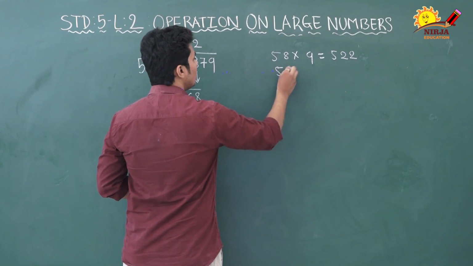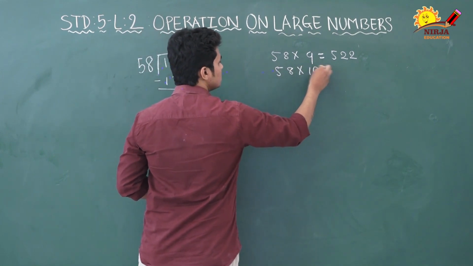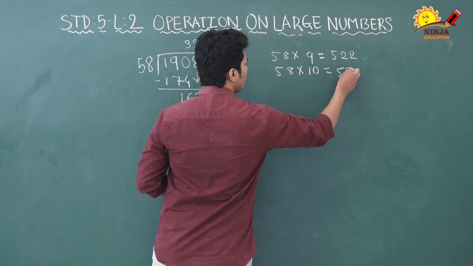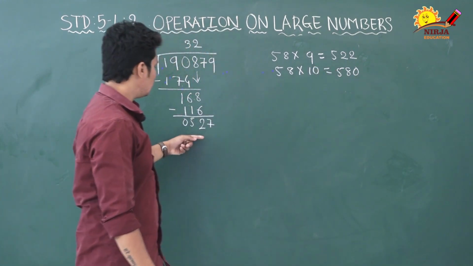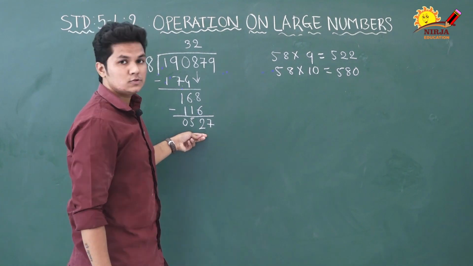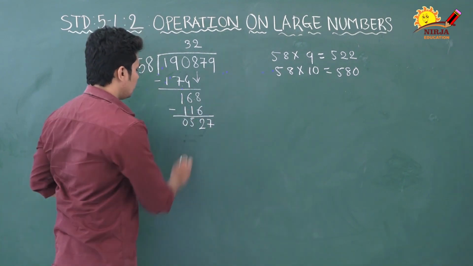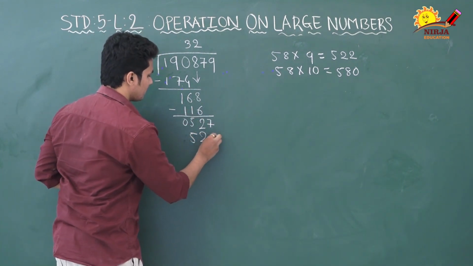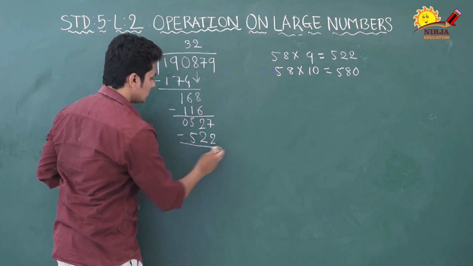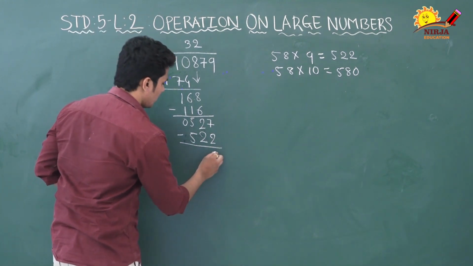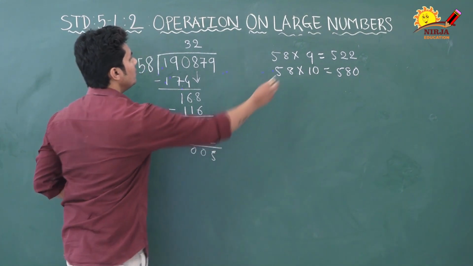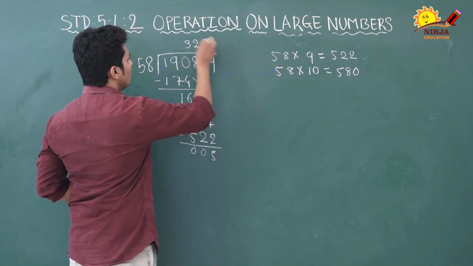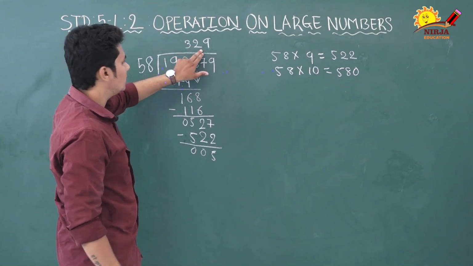And 58 10 times is 580. So 522 is less than 527. So we will write 522 here. Again let's do subtraction. So we get 5. Okay, and we will write 9 here next to 32.